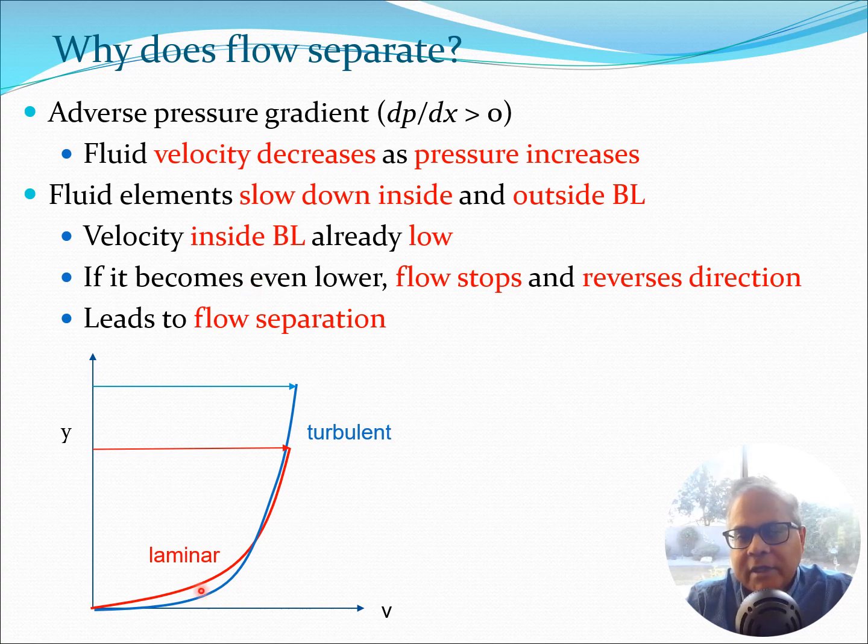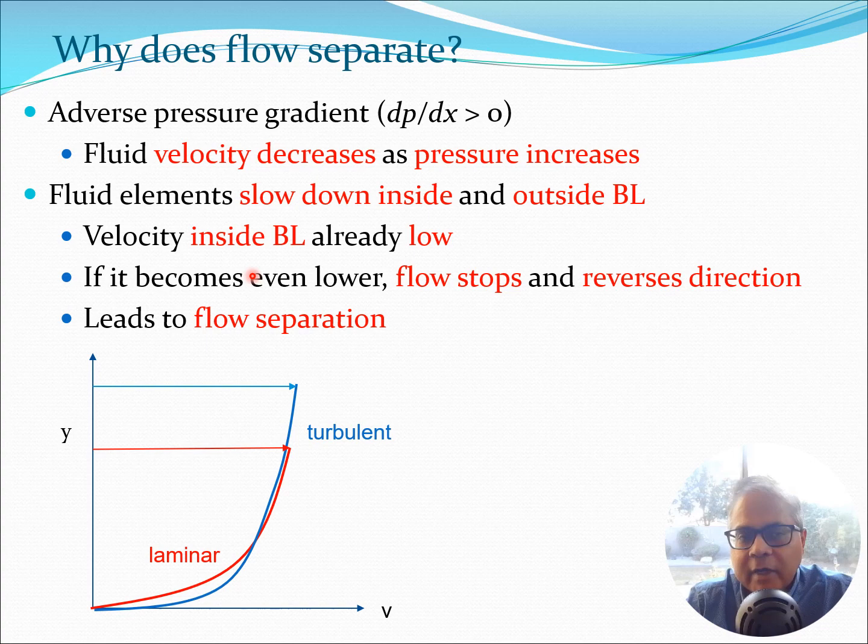But when you are inside the boundary layer, like in this situation here, you already see that the velocities are quite low. This is the velocity with respect to the thickness of the boundary layer. Whether you are in a laminar or turbulent boundary layer, the velocity in this region is relatively low, and because of this adverse pressure gradient, this is going to become even lower.